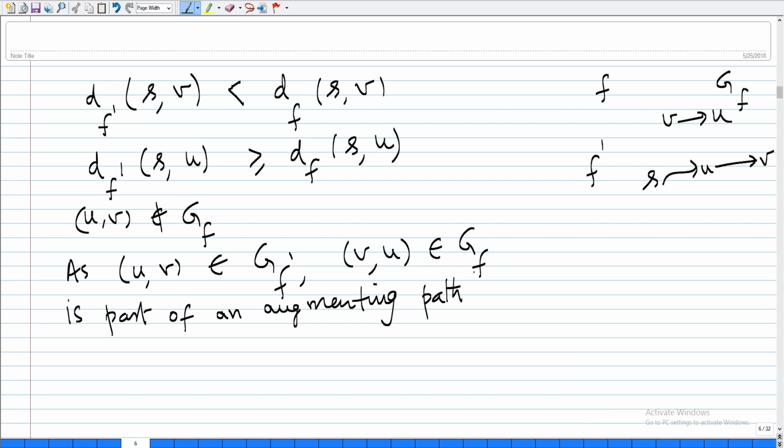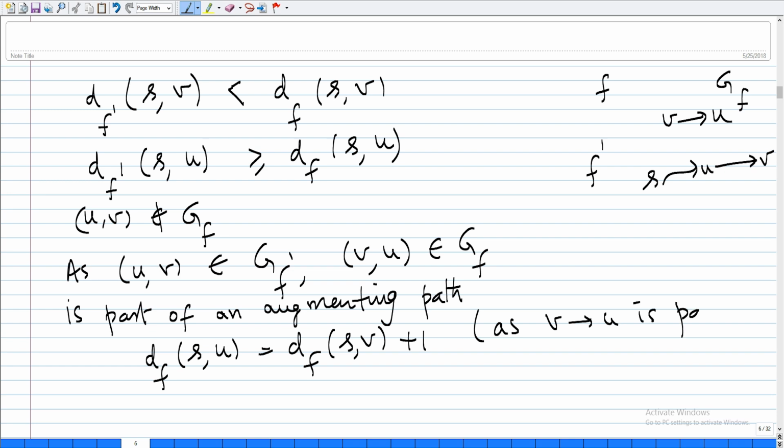So, VU is part of the shortest path. So, in GF, DF SU happens to be equal to DF of SV plus 1, as VU is part of the shortest path. So, this is an important argument and this is what we will keep using for the next lemma also.